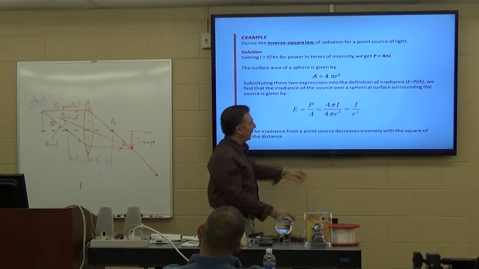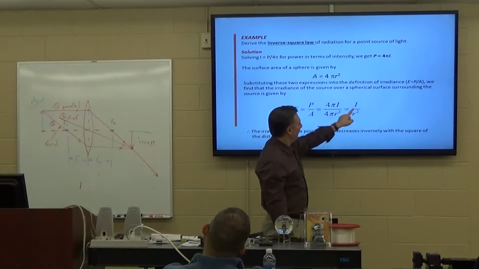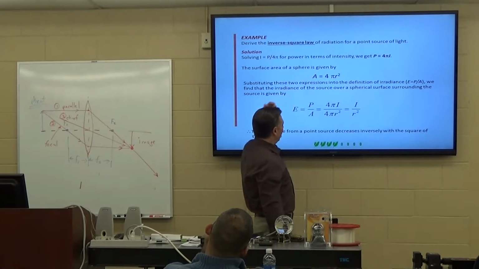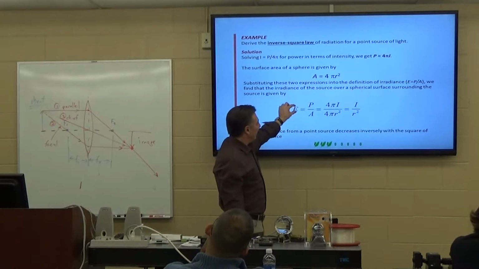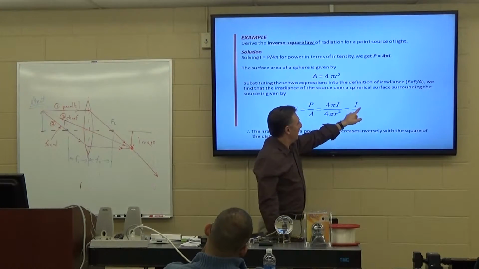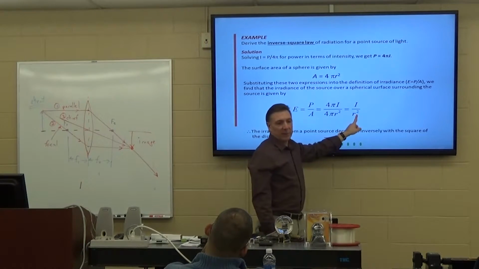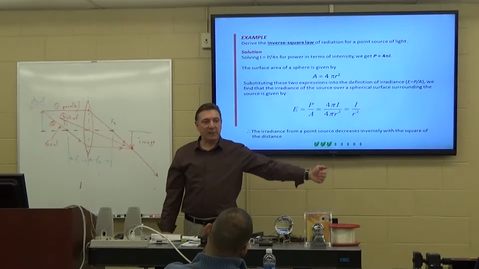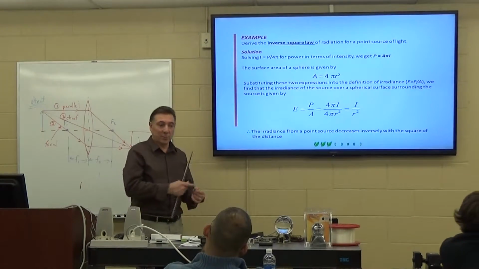The 4 pi cancels out, and it leaves us with intensity over radius squared. What this shows you is that the irradiance, how much light is reaching the surface, is equal to the intensity divided by the radius squared. So the farther away you move from the source, its radiance is going to drop off by a factor of the radius squared.